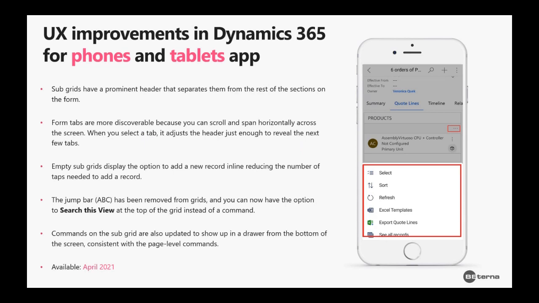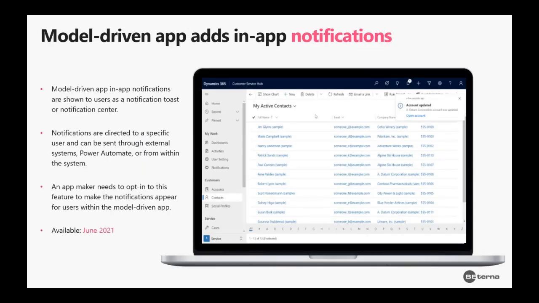Now the next function that I will present, I think, is also one of the biggest in this release, and that is model-driven in-app notifications. I really had a lot of conversations with our clients where we always got the same question: how do we handle notifications? And there was no great solution for this up until now.